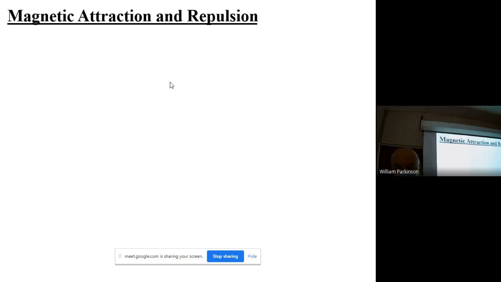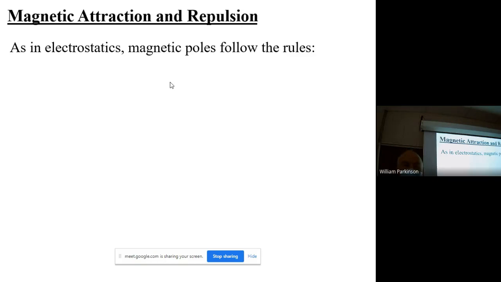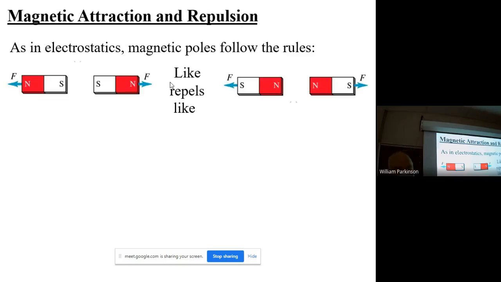Okay, so as in electricity, magnets follow the rule that like repels like. Meaning, if you put two south poles of a magnet in proximity to one another, they will exert force on one another.